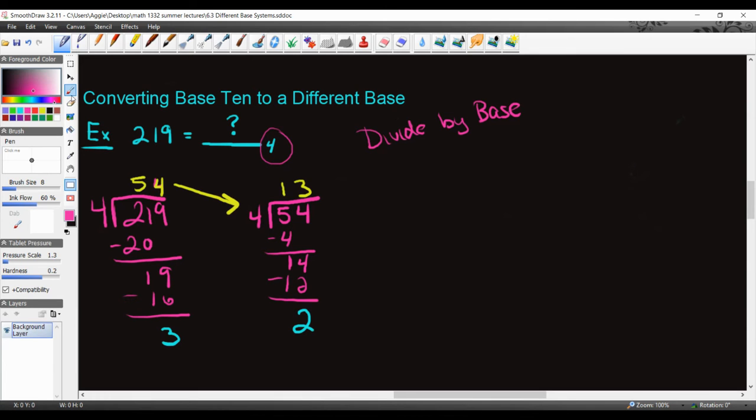Okay. Continuing the process, we're going to take now this 13 and divide 4 into that. So 4 goes into 13 3 times, and 3 times 4 is 12 with a remainder of 1. Okay, we're almost done with this one.